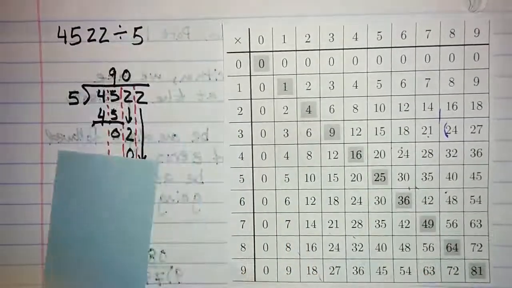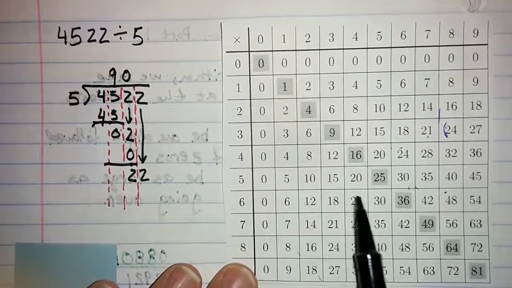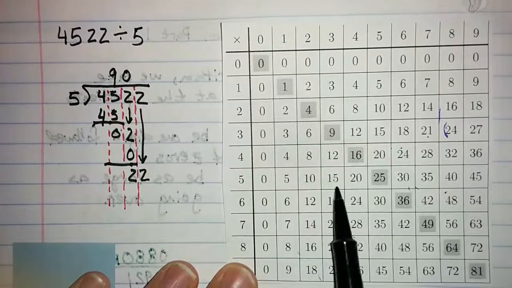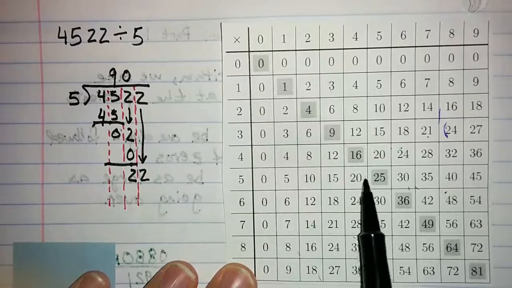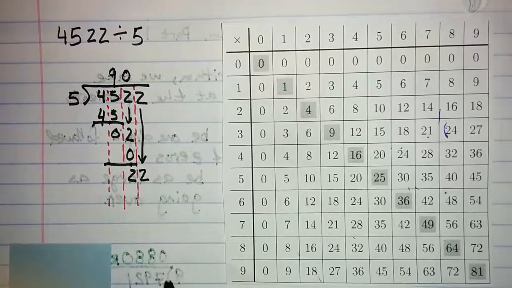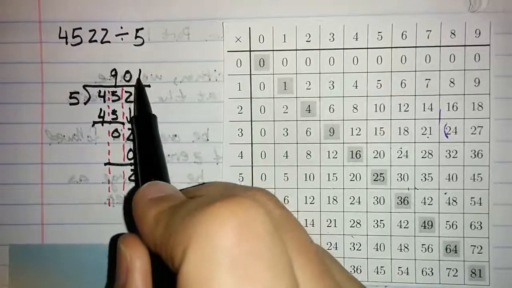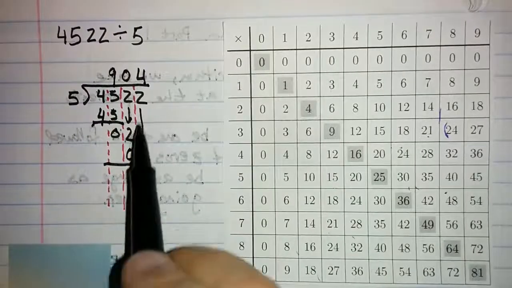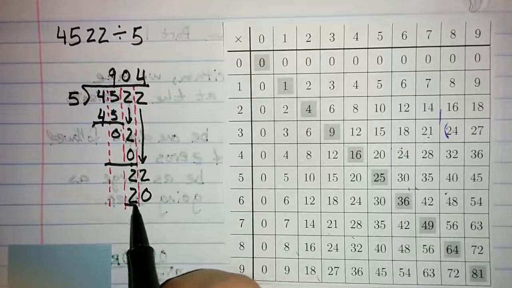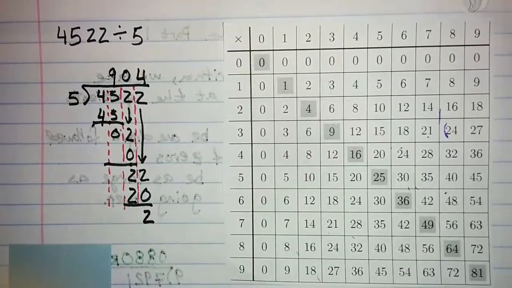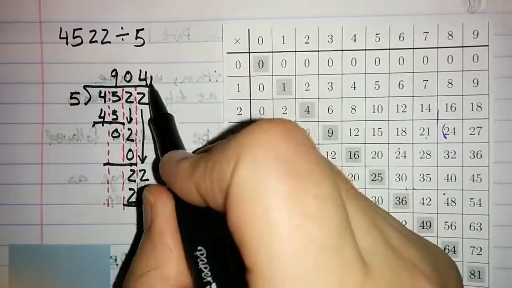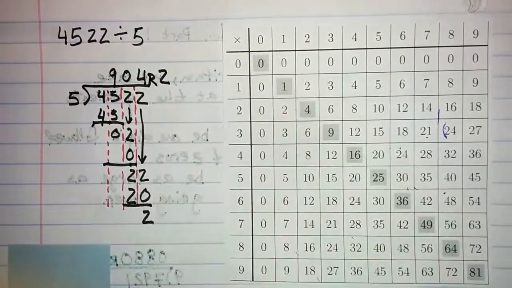Now I want to see how many times 5 goes into 22. In the 5 row, the biggest number smaller than 22 is 20, and that's 4 times 5. So 5 goes into 22 4 times, using up 20 things, and 2 is left over. Since I'm out of digits, this is my remainder.